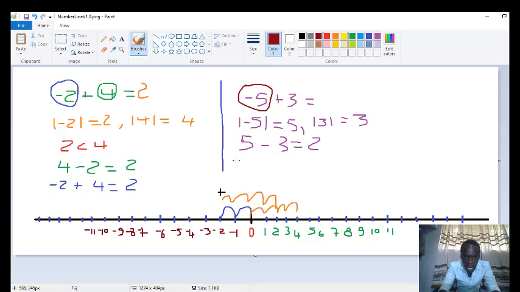Okay, then we say negative 5 plus 3 is equal to, we put the negative sign in front of 2 because 5 is the greatest absolute value and the sign of 5 in the operation was negative, then we say negative 2. You can try to plot it or to represent the operation on the number line. You will obtain the same result.